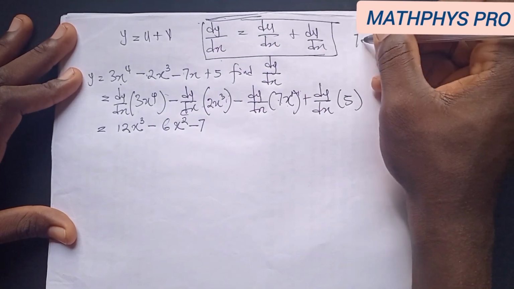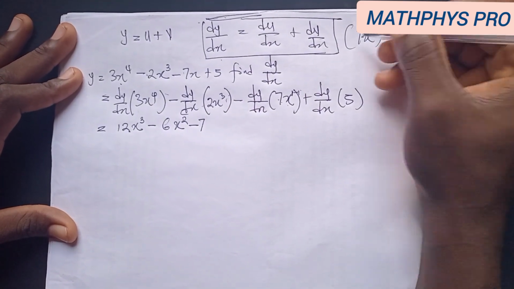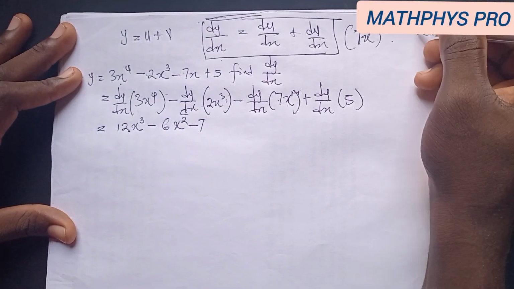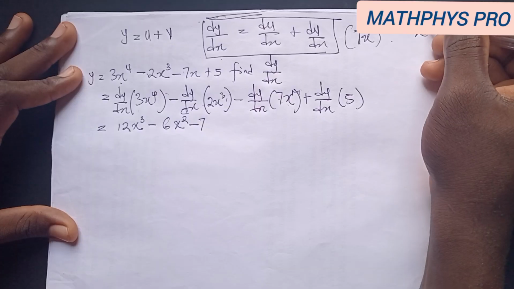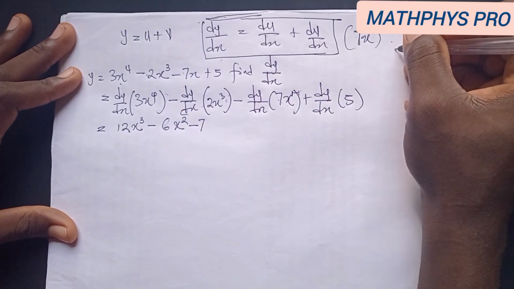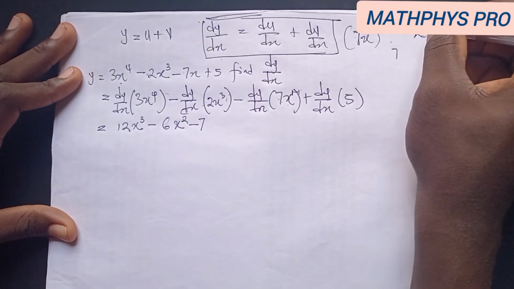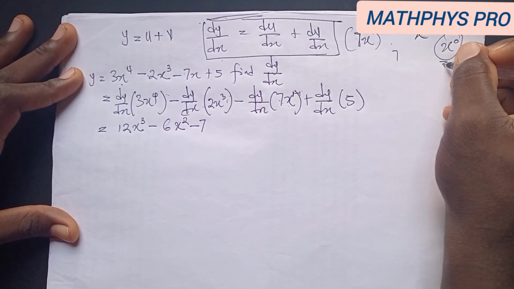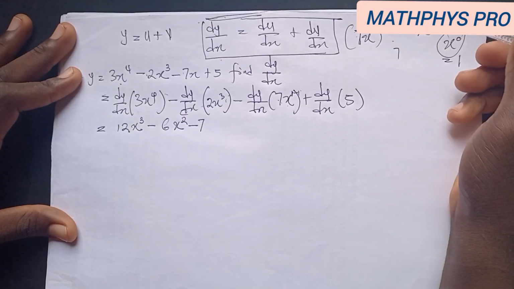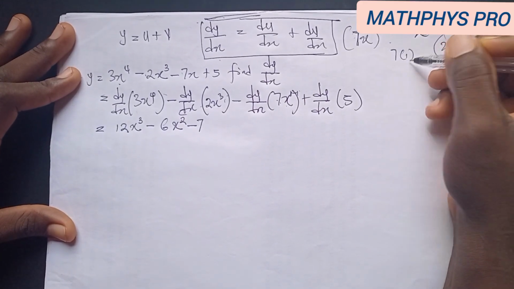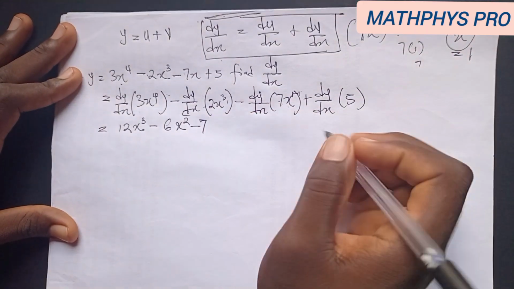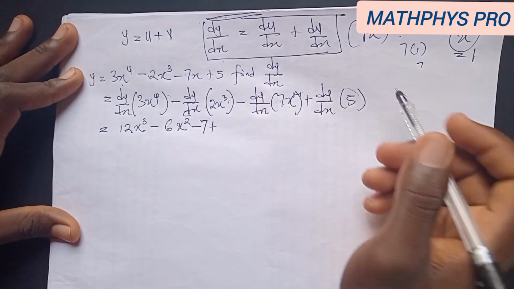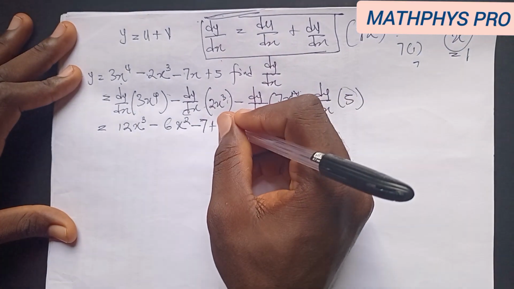Since you have 7x, there's an invisible power 1 on every x like this, x raised to the power 1. So the 1 times the 7 still gives you 7, and the 1 minus 1 gives x raised to the power 0, and any number raised to the power 0 is equal to 1. So 7 times 1 is still 7. Plus, if you differentiate a constant, you get 0.